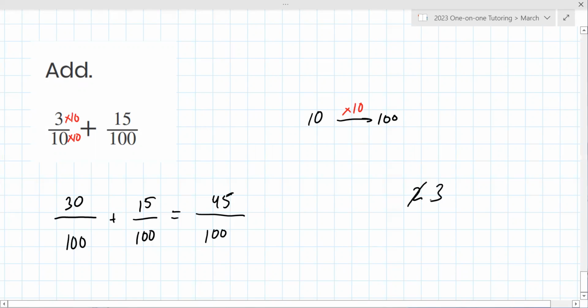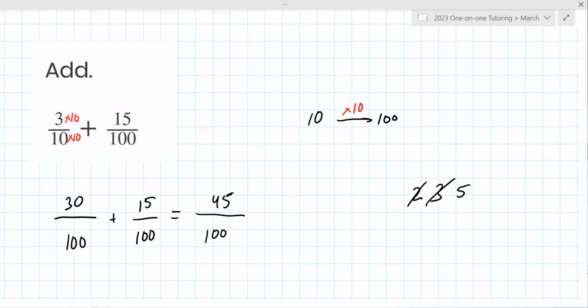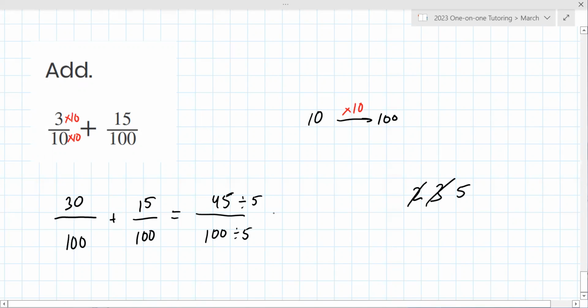So how about 3? Does 3 go into the top and the bottom? No. It goes into the top, but not the bottom. How about 5? Yeah. 5 does work. So we're going to divide the top and bottom by 5.